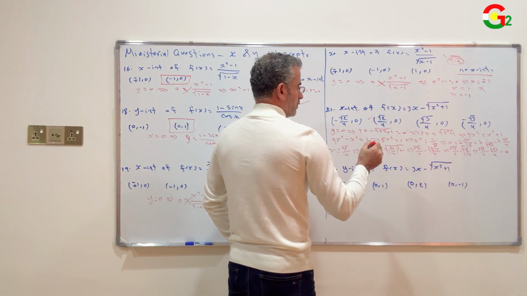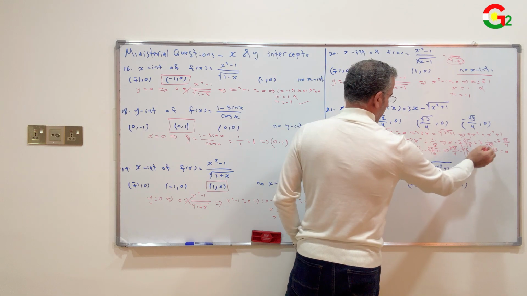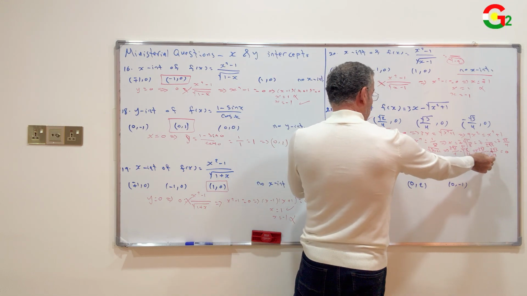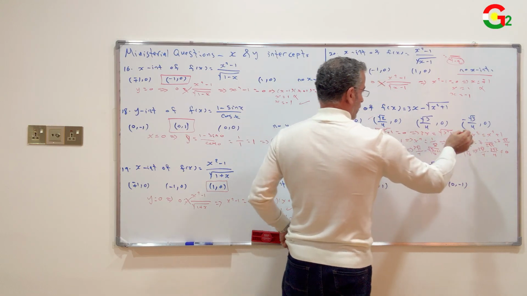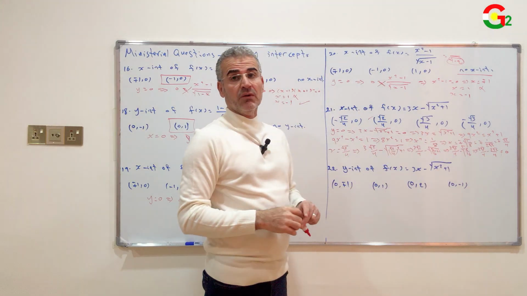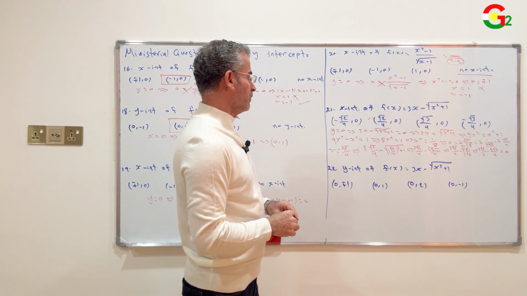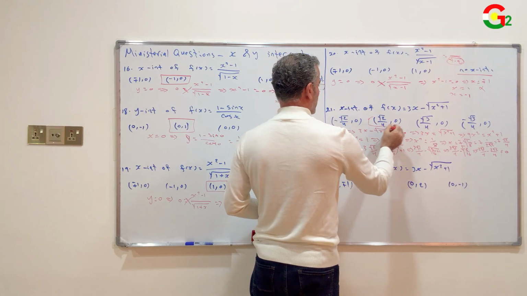When x equals negative sqrt(2)/4, this term will be negative 3 sqrt(2)/4 minus 3 sqrt(2)/4, which is not equal to 0. Therefore, negative sqrt(2)/4 is not an x-intercept. The right choice is B.